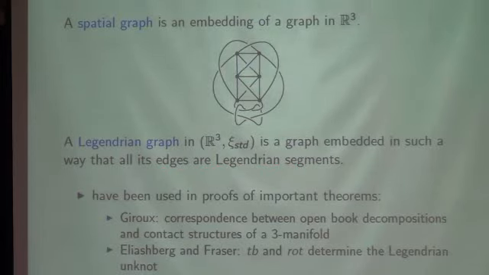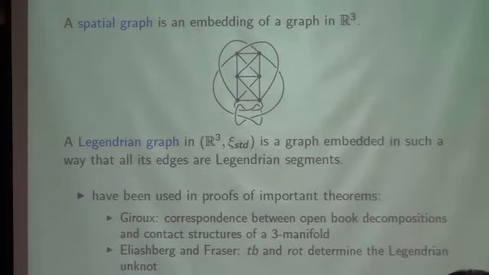These have actually shown up in contact theory before in proofs of theorems. Giroux's theorem, which is a very important fact about the correspondence between an open book decomposition and the contact structure in a three-manifold, uses Legendrian graphs.